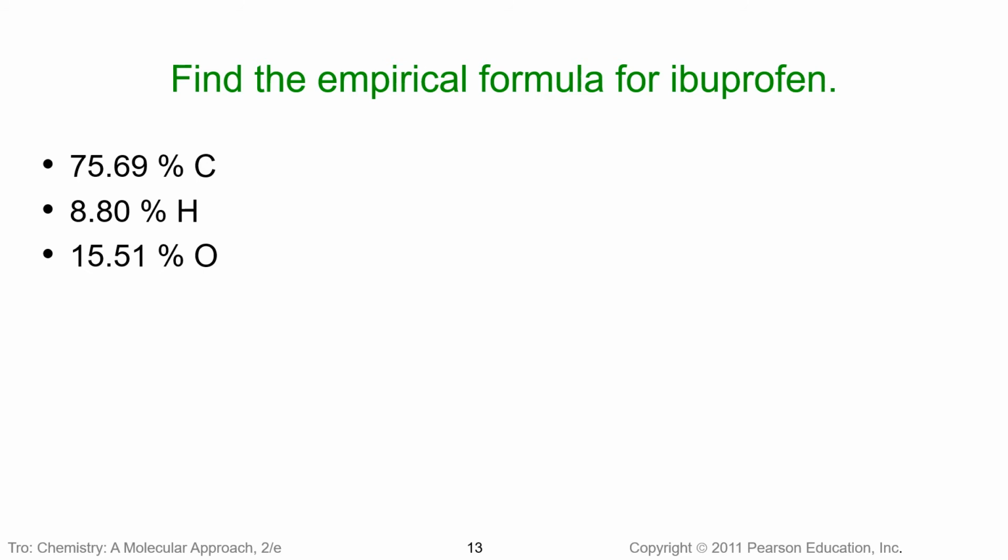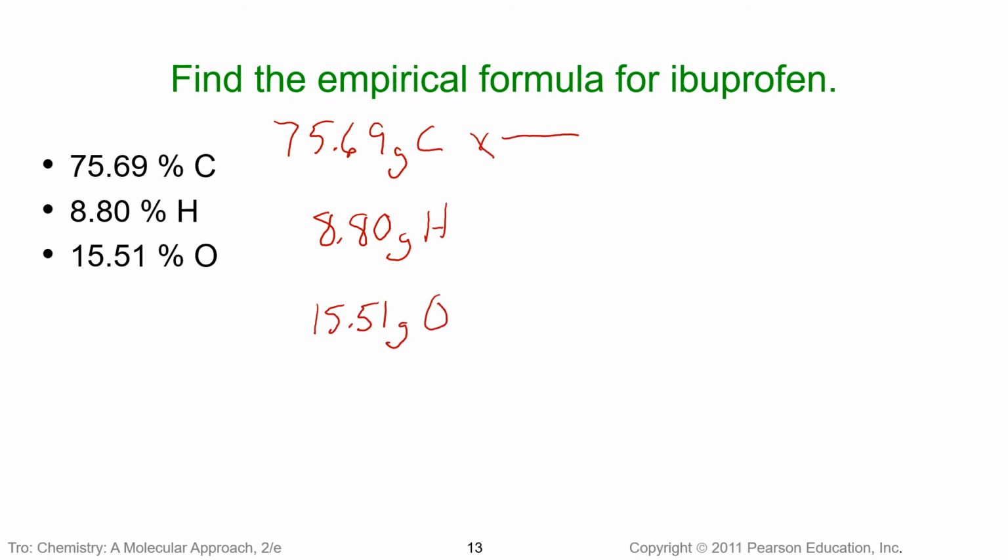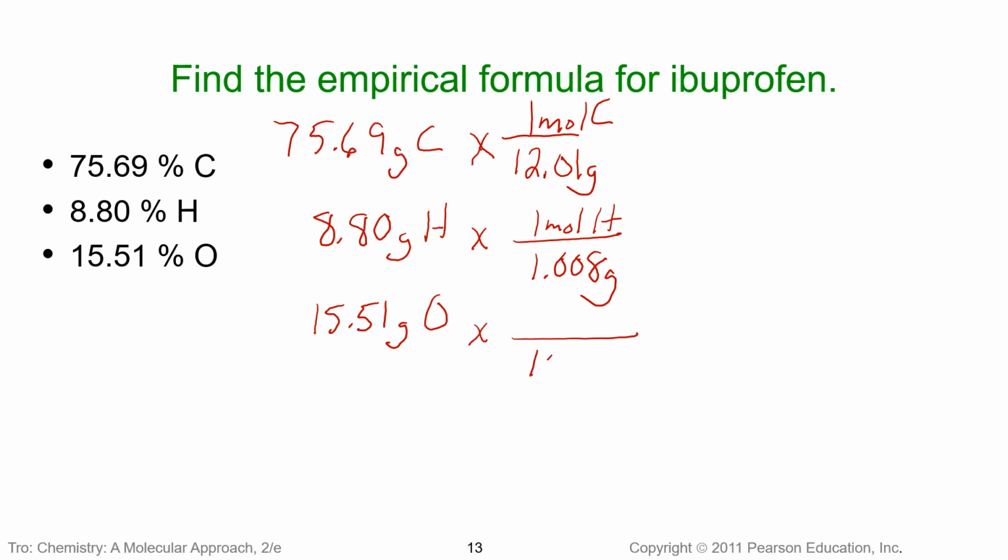So again, we're going to make our percentages into grams for each of our elements. We're going to convert the grams into moles using the molar mass for each of the elements.